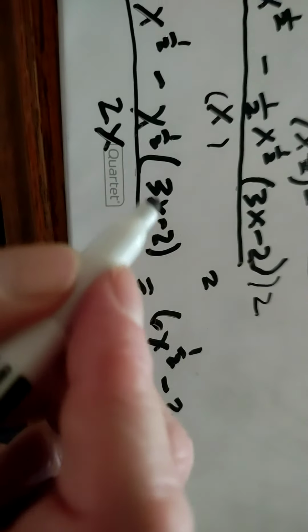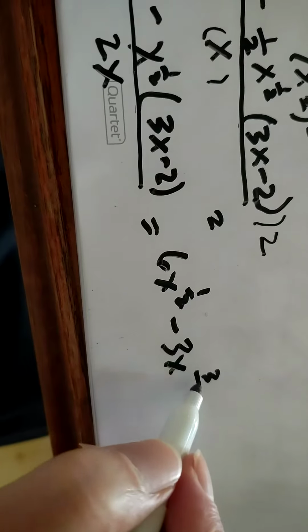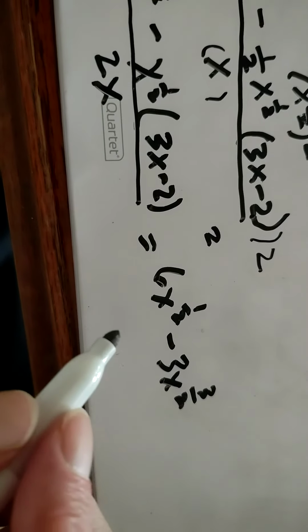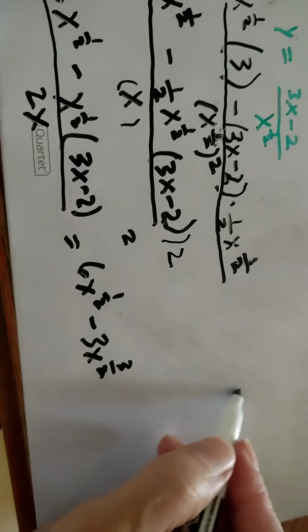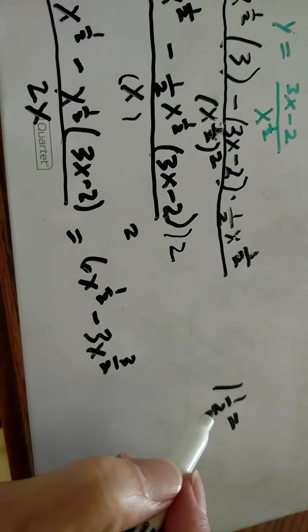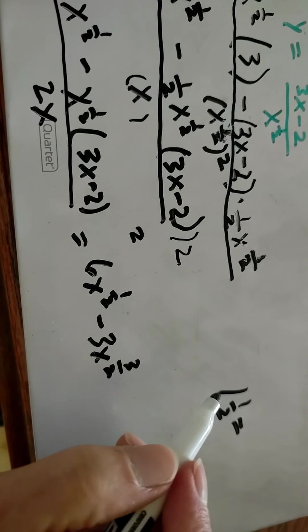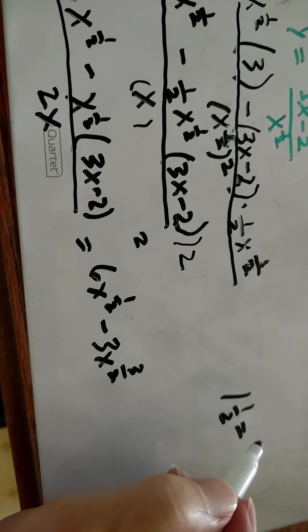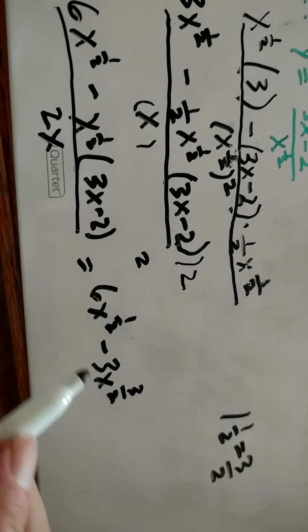So 1/2 plus 1 is 1.5. 1.5 as an improper fraction is 3/2. So 3x to the 3/2. 1 and 1/2. And then here's how you write it as an improper fraction. You go the denominator times the whole number plus the numerator. So 2 times 1 is 2, plus 1 is 3. And then you keep that denominator of 2.